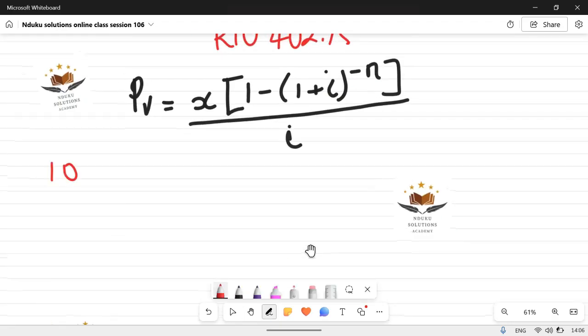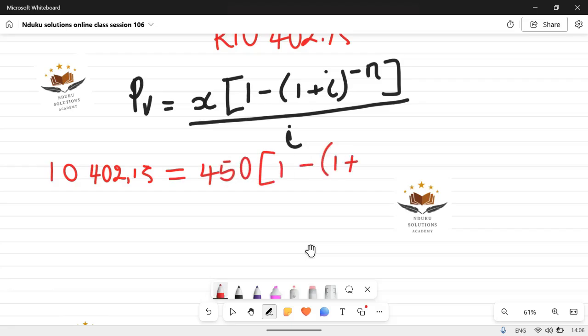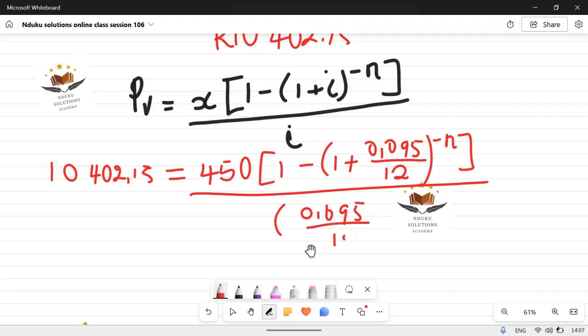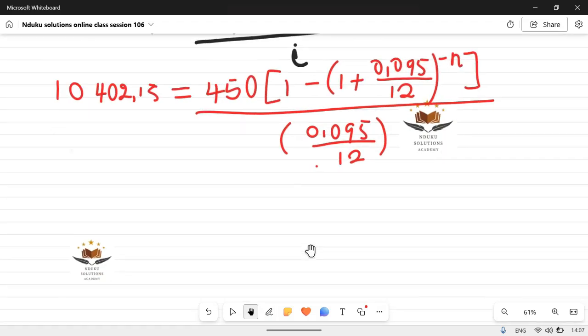Substitute your PV correctly, and the value of X is 450, then 1 plus 0.095 divided by 12 compounded monthly to the power of n. We do the same thing at the bottom, 0.095 divided by 12.